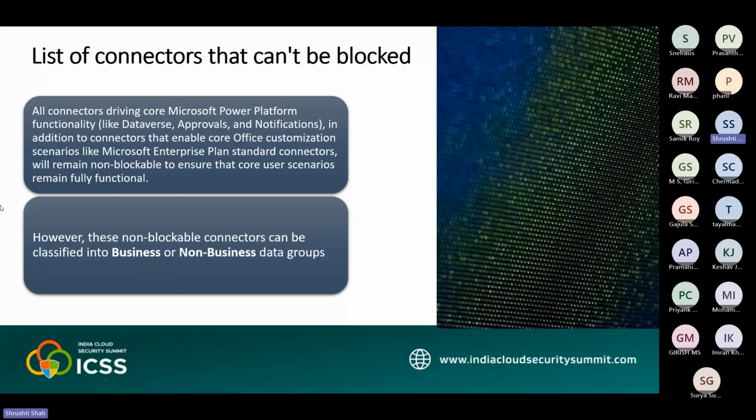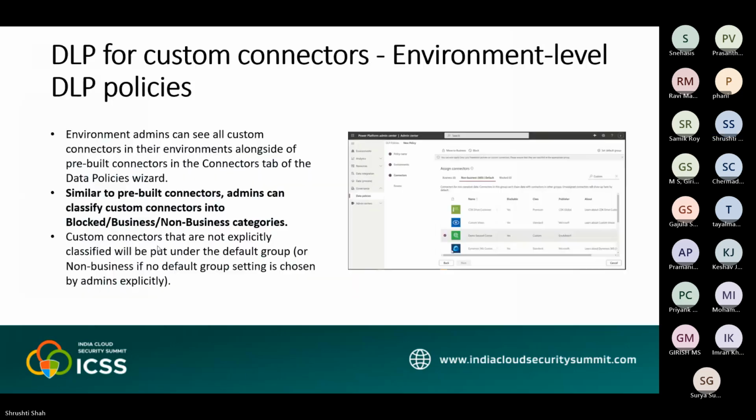However, these non-blockable connectors can be classified. Definitely you can't block them, but you can classify them into business or non-business data groups as per your requirement. Now, coming to another utmost important part, which is custom connectors. Custom connectors are similar in function to your HTTP triggers. They also need your REST API, but these are wrapped.